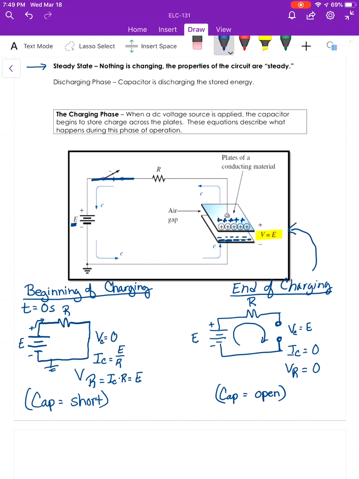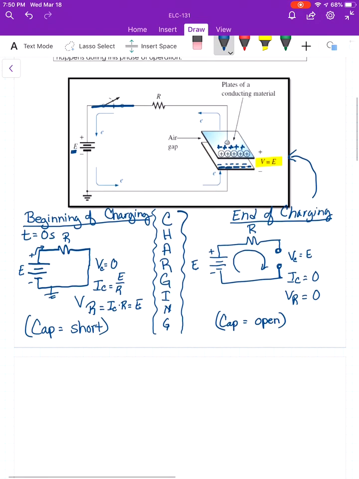So the charging phase is what's happening between there. These equations that we're working on are going to describe what's going on in between.